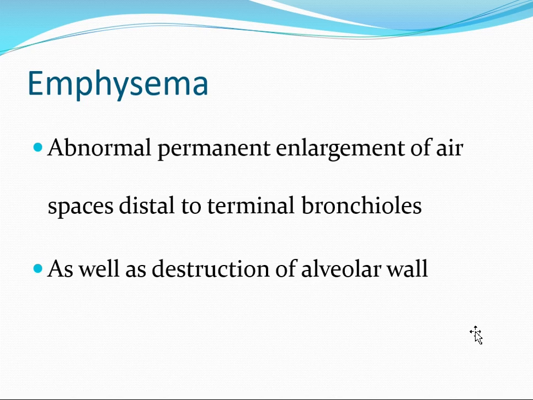Now in upcoming slides I will tell you what is the difference between a bronchus, bronchiole, terminal bronchiole, respiratory bronchiole. So we'll study in further slides, but for now you can understand that it is the distortion of the air spaces. So mainly it affects the alveolar wall.